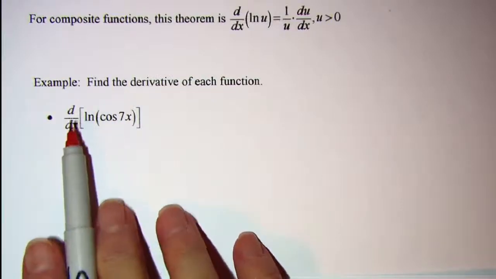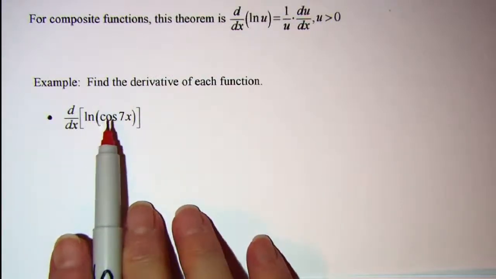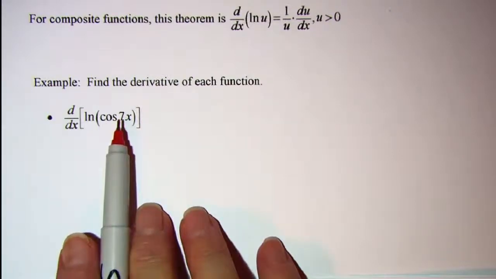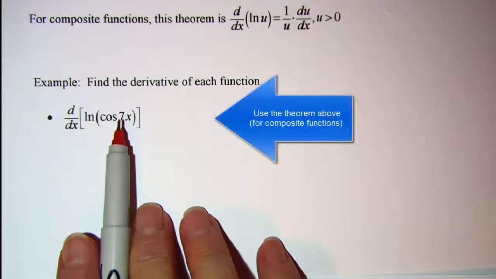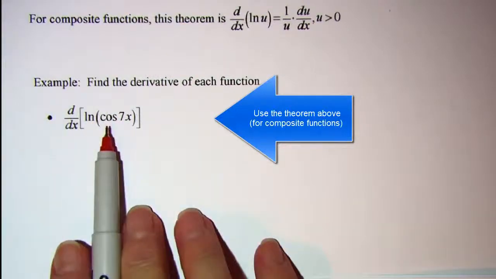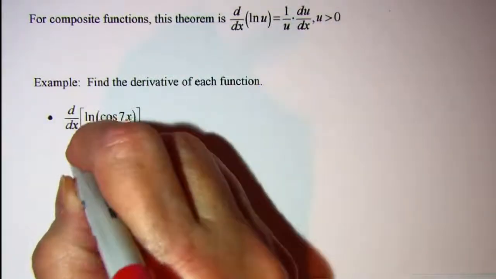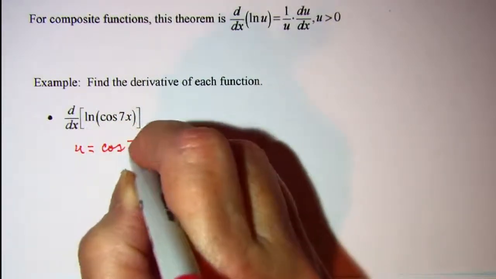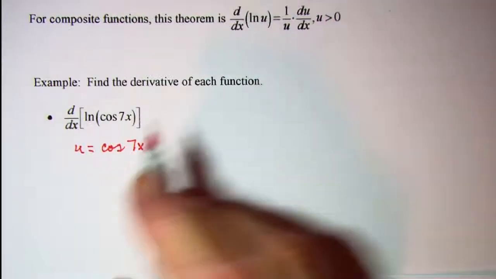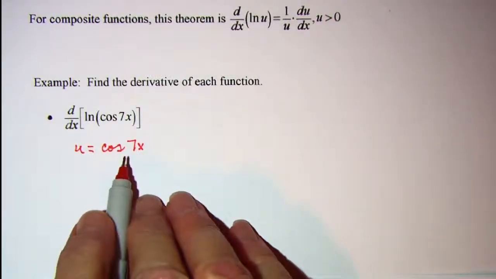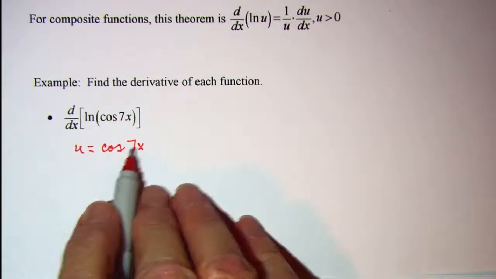We're asked to find the derivative of ln cosine 7x. Well, this is a composite function, so let's let our u be the cosine of 7x. And this is a composite function, but it's a pretty simple one.